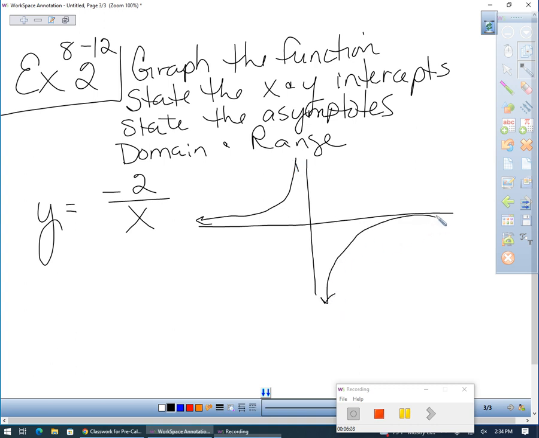Again, you're approaching those lines but never crossing them, right? Okay, so we have the graph of the function sketched up there. State the x and y intercepts. Well, what is an x and y intercept? Exactly. We can't cross the x or y axis, right? We don't have any of those because you can't touch the x or y axis. So there are no x or y intercepts.